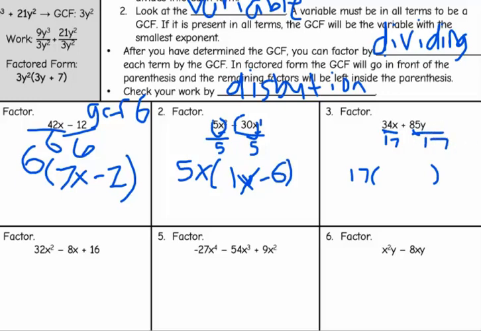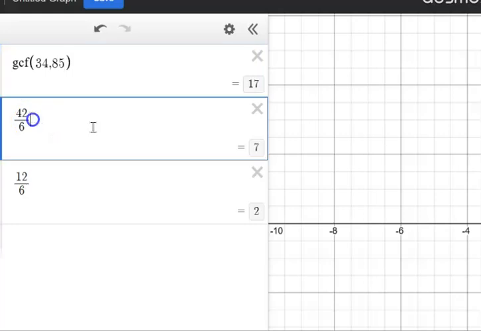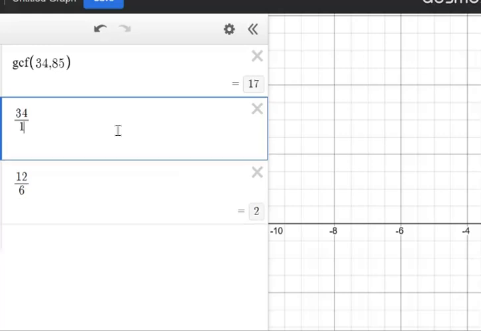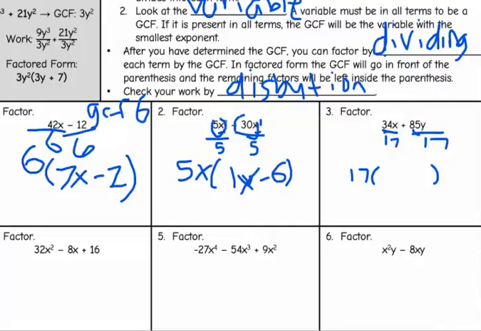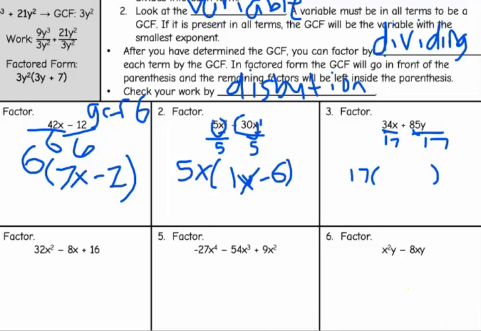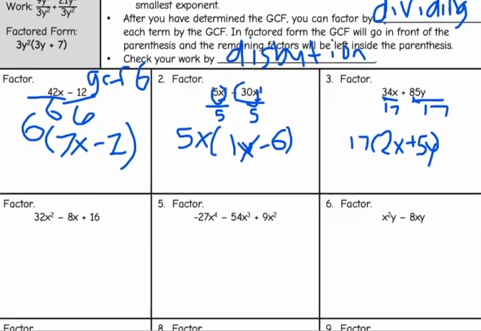So 34 divided by 17, I think that's 2. And then 85 divided by 17 is 5. Okay, so 2x plus 5y. All right, perfect. All right, let's go up on here.